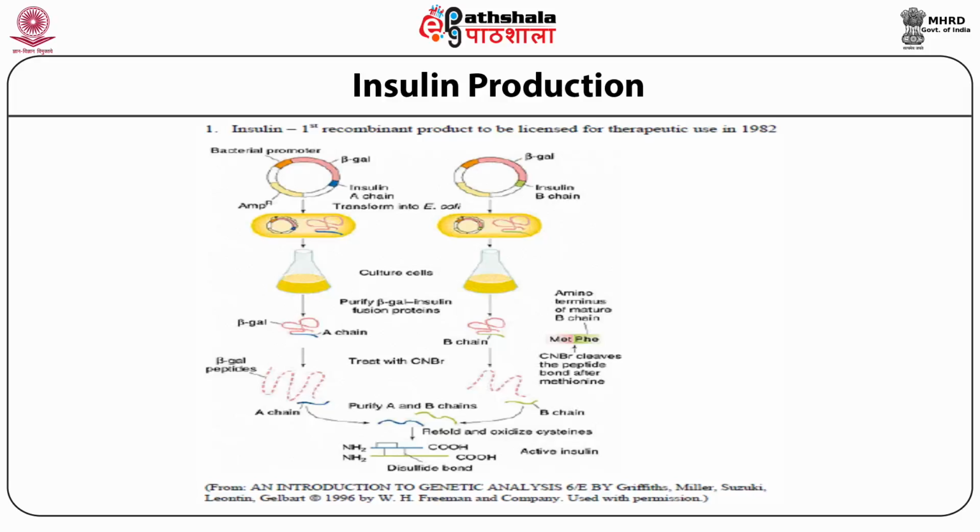In this technique, the human insulin gene is isolated and inserted into plasmids, which are transformed into either bacterial or yeast cells, wherein insulin is synthesized on the human code. The purified insulin is identical to human insulin and absolutely safe.